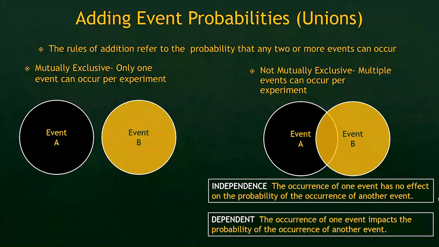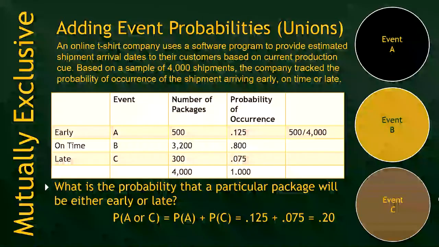Pink goes really well with blue, so it influences the probability, and they're dependent on one another. One is dependent on the other; it impacts the probability of another event. It's not saying that it has to occur in order for the other one to occur, although that can be the case as well, that one has to occur in order for the second one to occur.